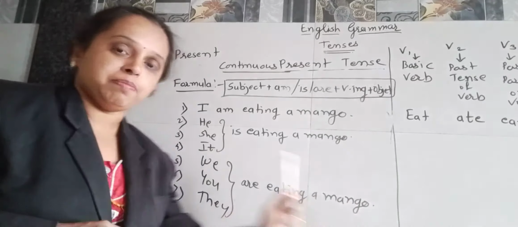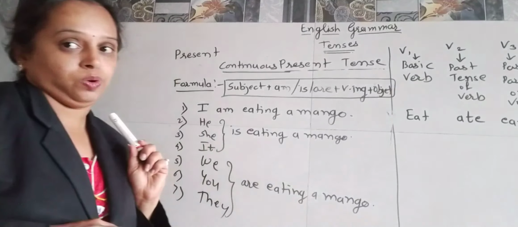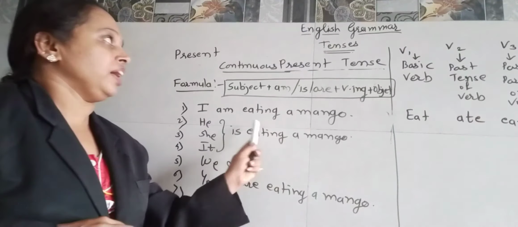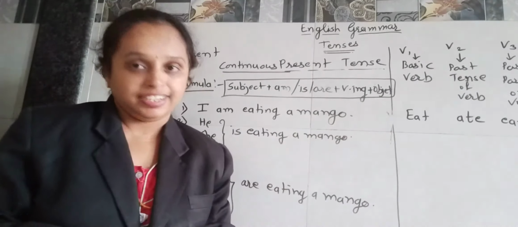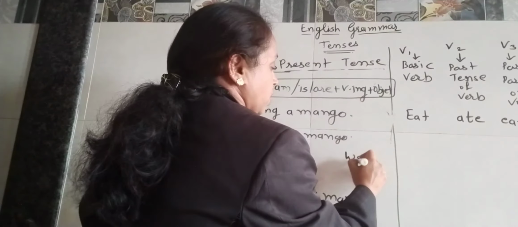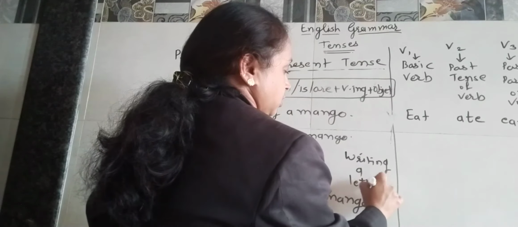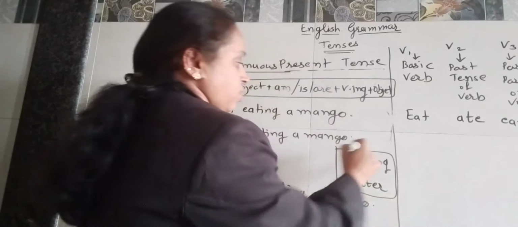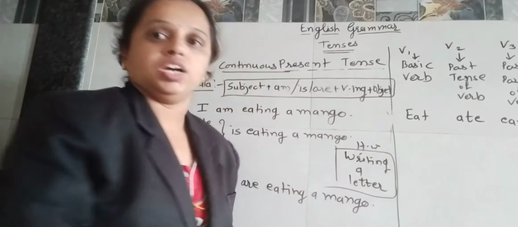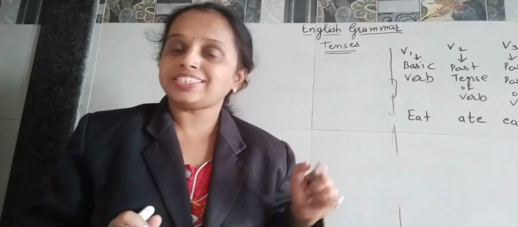We are eating a mango, you are eating a mango, they are eating a mango. This is the criteria for the present continuous tense. For this also, write a letter for the homework.